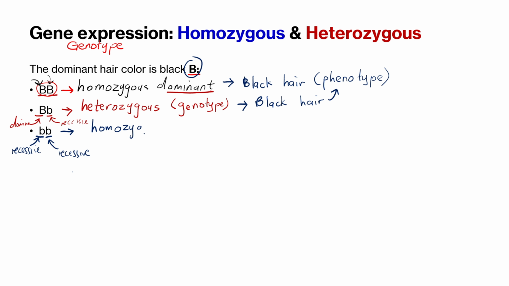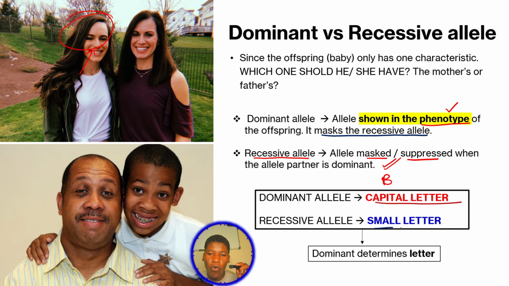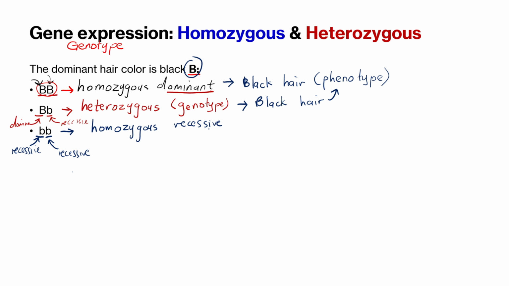But in this case, we say that this is homozygous recessive because you have got two recessive alleles. Both of the alleles are recessive because we see this with a small letter. Okay, so homozygous recessive. This is the genotype for the person, small letter b, small letter b.